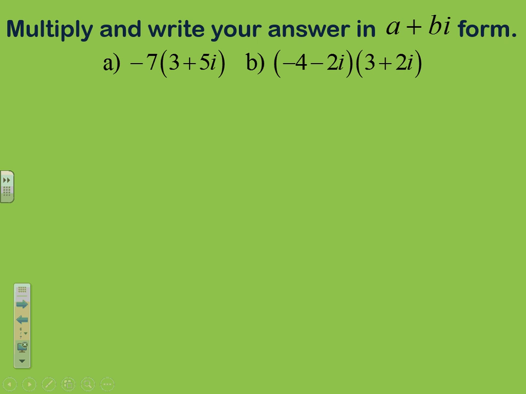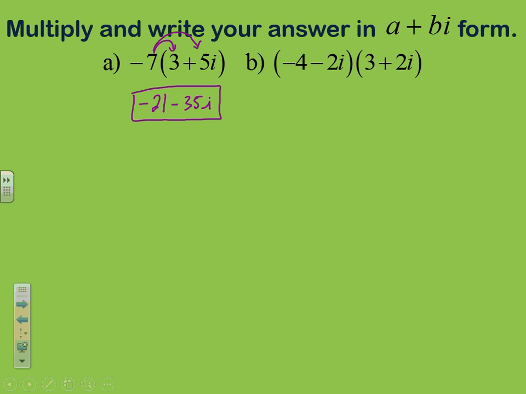So here in example A, we're going to take the negative 7 and simply distribute it to the values inside the parentheses. So this would produce negative 21 minus 35i.